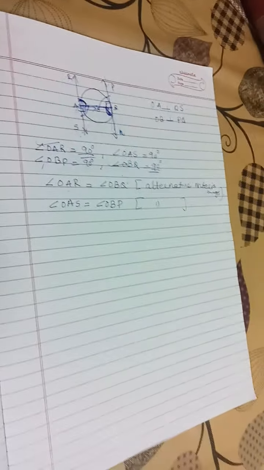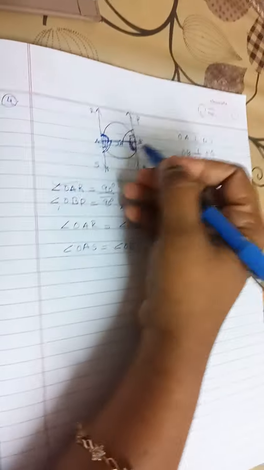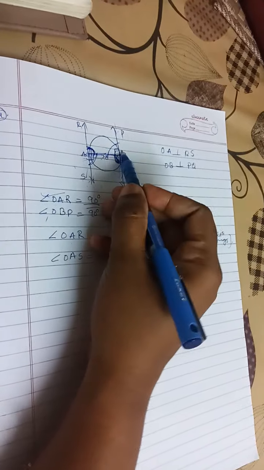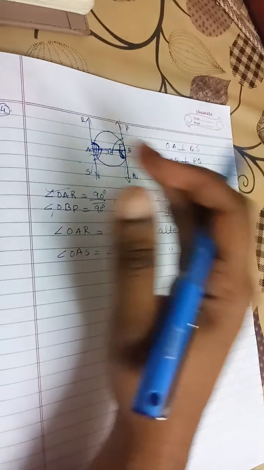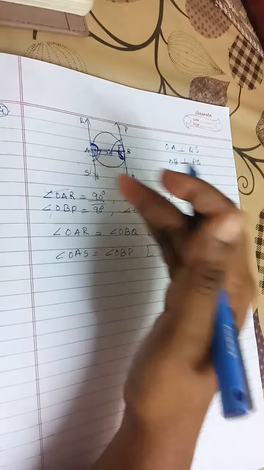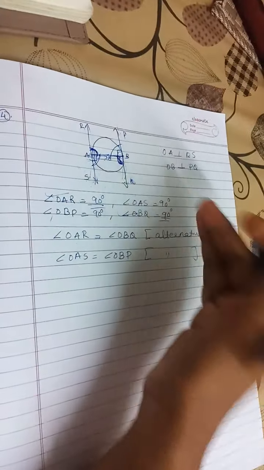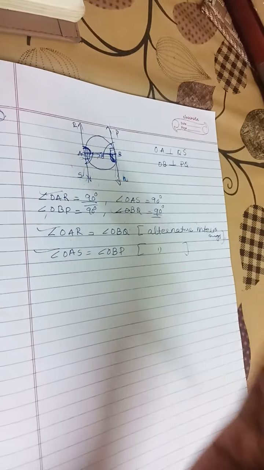So, if alternating interior angles are equal, then we can say that lines PQ and RS will be parallel, because the alternating interior angles are equal, correct? So, you know the property of parallel lines. What is that? If alternating angles are equal, then we can say that the given lines are parallel. So now we have proved the alternating interior angles are equal.